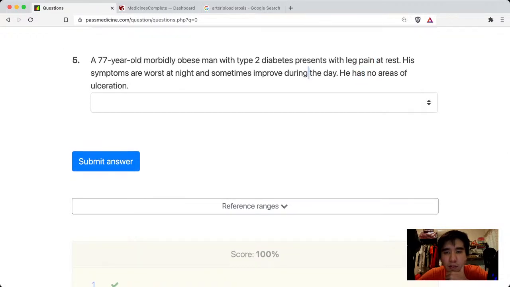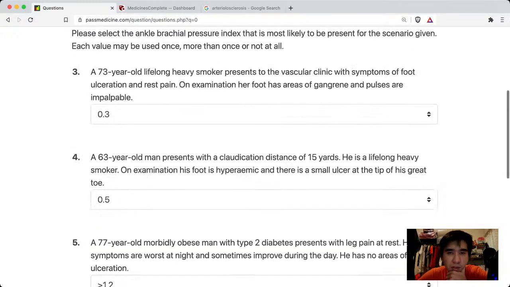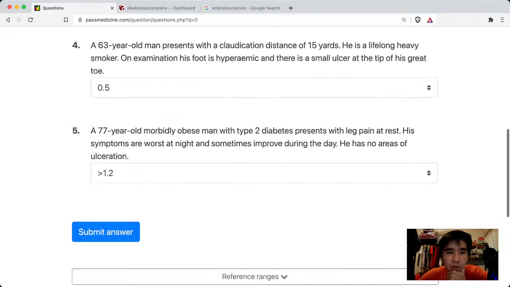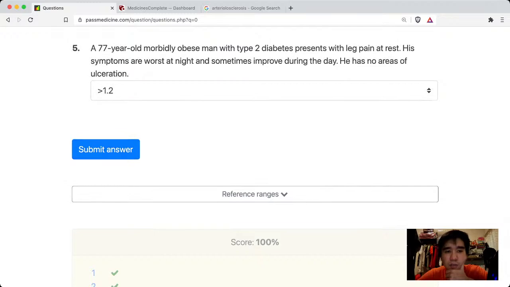Sometimes improve during the day. Are you trying to tell me that it'll be high? Or it'll be low, but just not as low because of the arteriolosclerosis? Anyway, these are not good questions. You're asking me to guess the ABPI when you can just measure the ABPI using a blood pressure cuff.